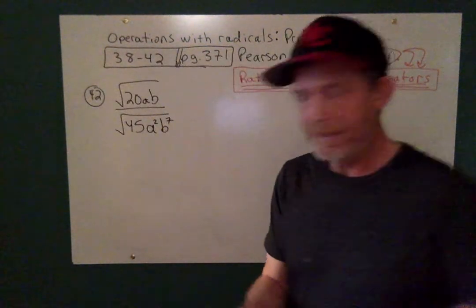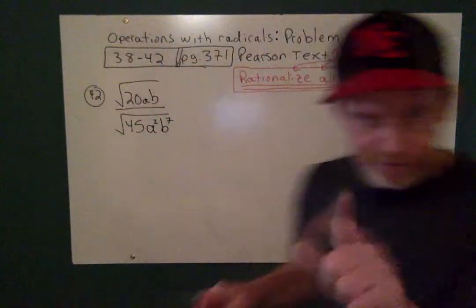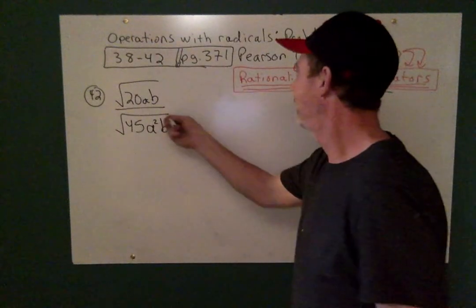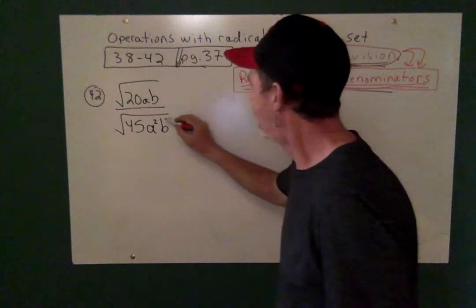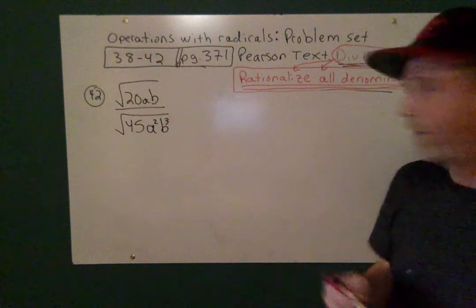I believe that's what that is. Excuse me, give me a minute to look in better light. A to the second, b to the third. If I ever develop edit powers, maybe I can do it with a little bit better video here.